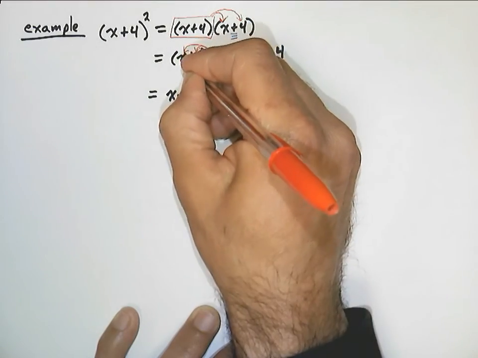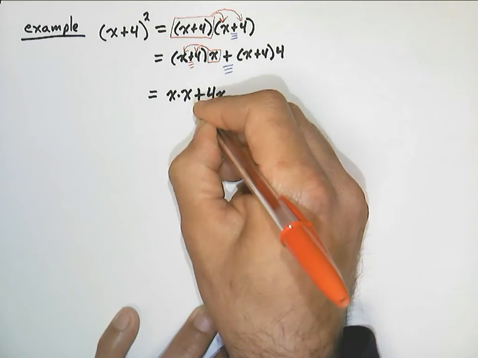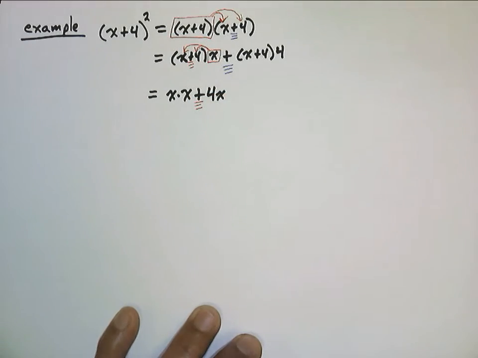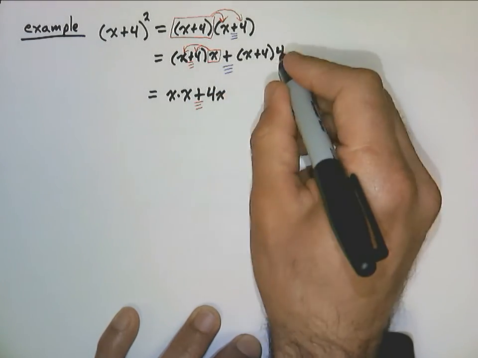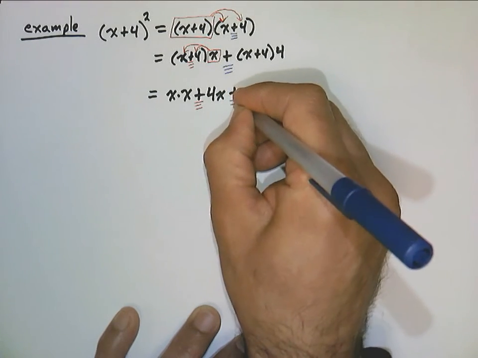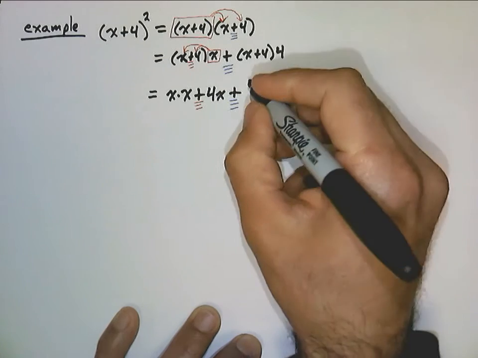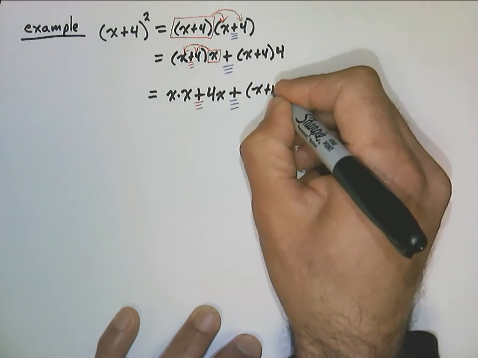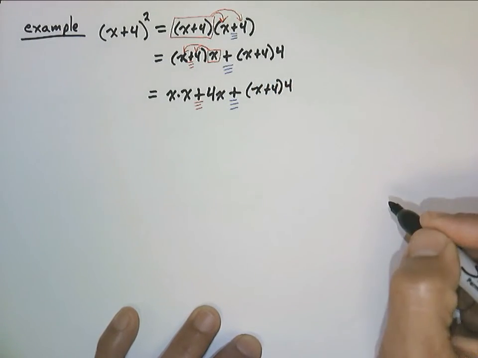This addition is the same as this addition. Then we still have the rest of it: this x plus 4 times the factor of 4.